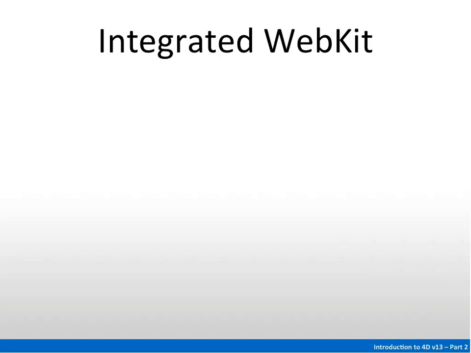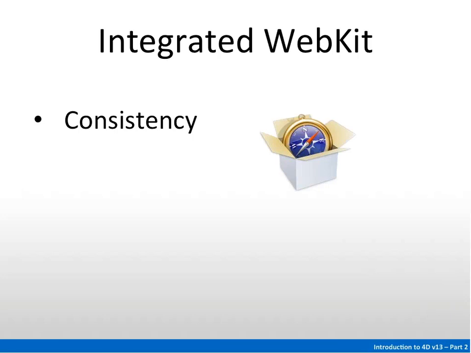So what we're doing in v13 is integrating WebKit. WebKit, if you don't know what it is, is an open source web engine. It's used, in fact, as the foundation of Google Chrome, for example, and also Apple Safari. By integrating it into 4D, we are addressing three basic concerns. The first concern is consistency. 4D is a cross-platform product.